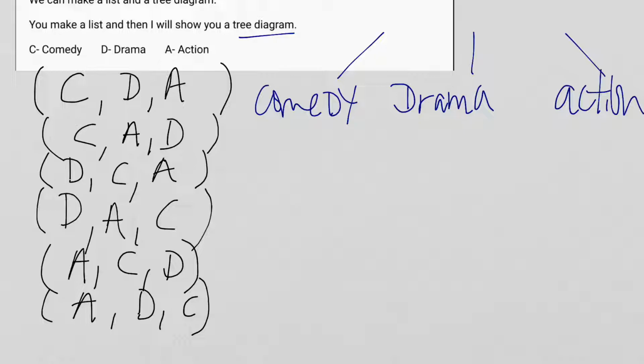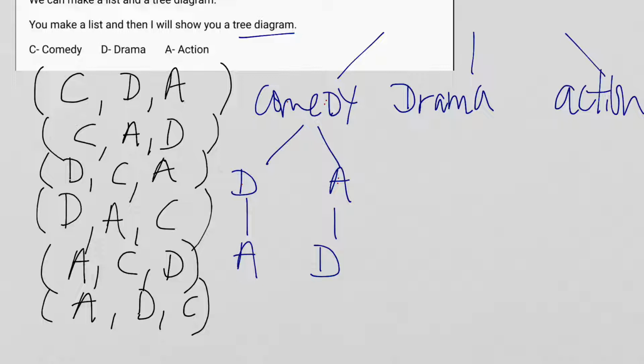So if I watch comedy first, I either have a possibility of then watching drama or action. If I watch comedy, drama, last possibility then would be the action movie. Or if I went along this branch here, I could have watched comedy first, then action, and then drama last.